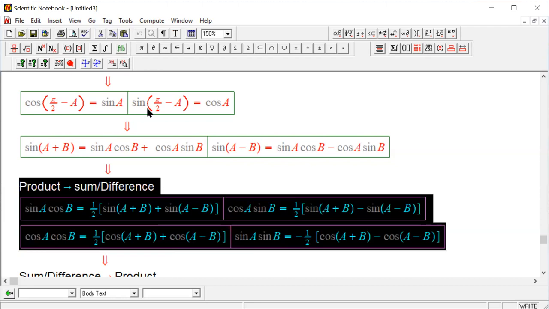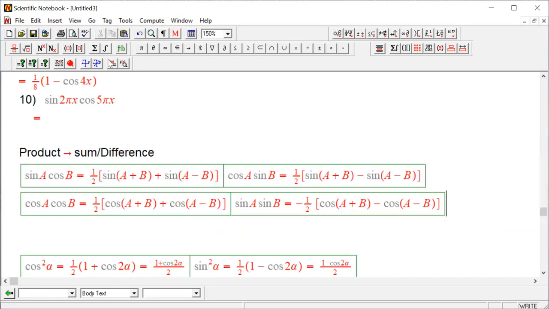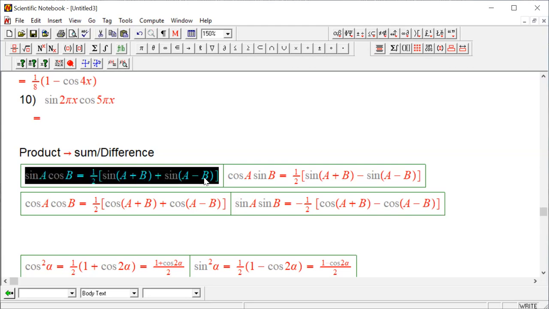So I'm going to bring these forward, and we decide which one to use. Which one applies? Sine times cosine is right here, so we would apply this formula.